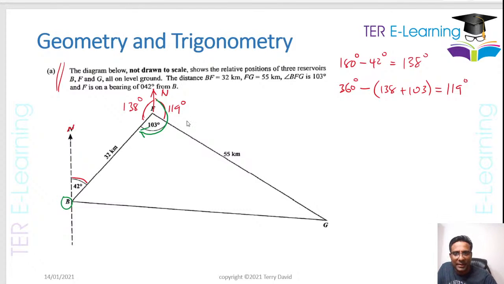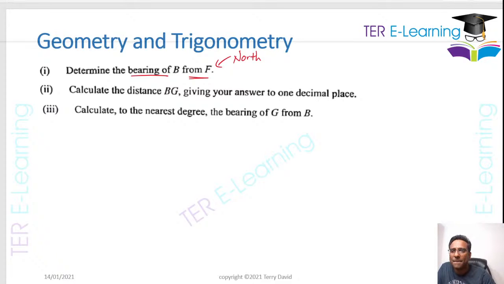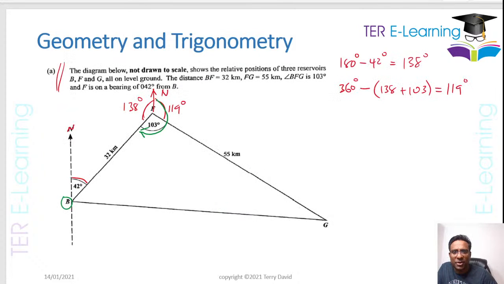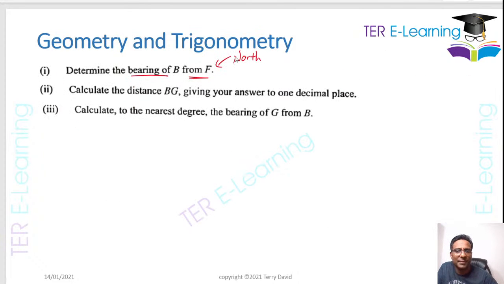So that answer is going to be 119 degrees plus 103 degrees, and that's going to give me 222 degrees. So that's the bearing, that's the answer for this part.